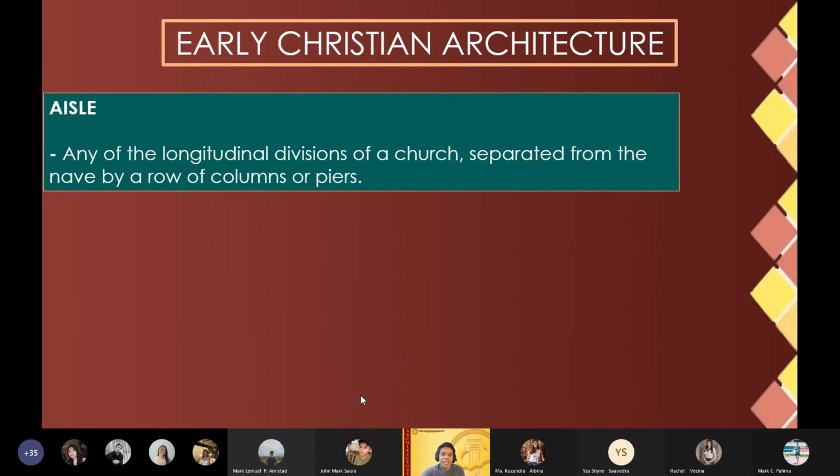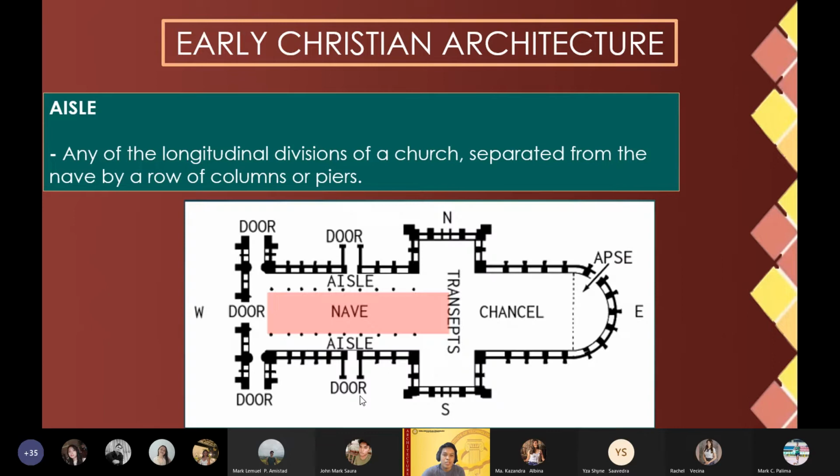So next, aisle. Any of the longitudinal divisions of a church separated from the nave by a row of columns or piers. So nganong naa man ni siya kining mga dot-dot nga ingon niya. So these are columns. And after the columns, naa na ang aisle.